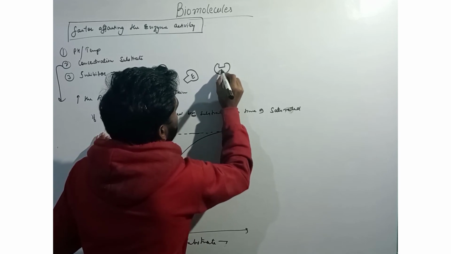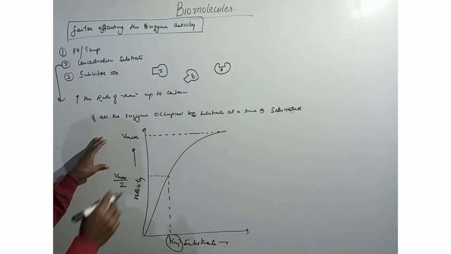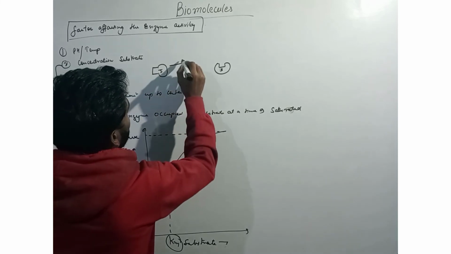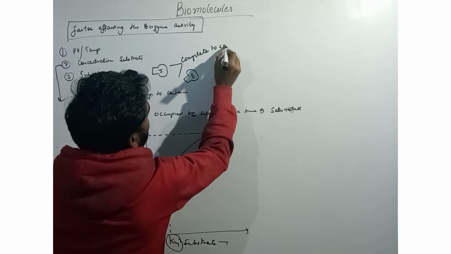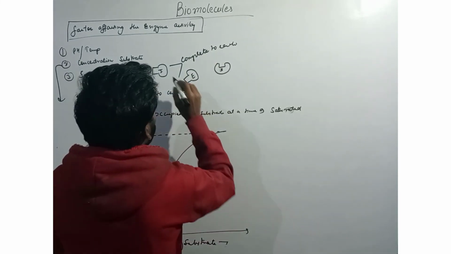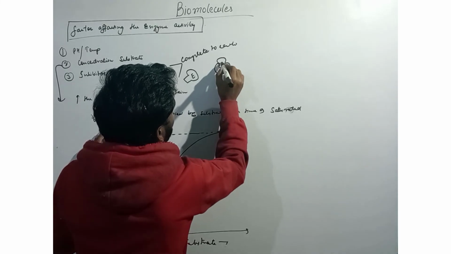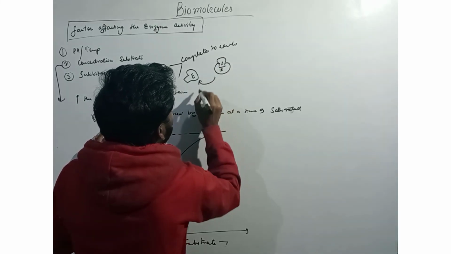For example, this is a substrate. Now they will compete with each other. The inhibitor will bind to the enzyme, so that the enzyme is inhibited.